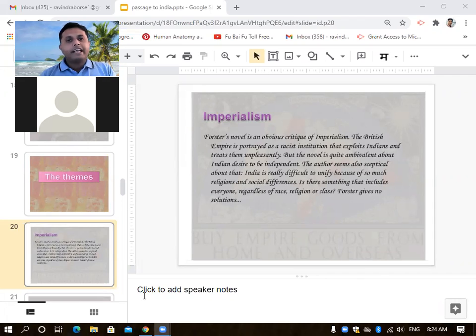And the British people started exploiting Indians. The British started insulting the Indians. The British started looting money from Indians, and all that money was carried away to England, right? So the total money of India was transferred to England, and India became a poor country, right?